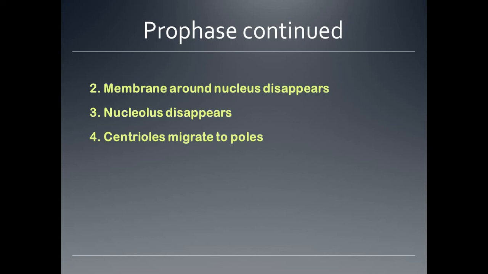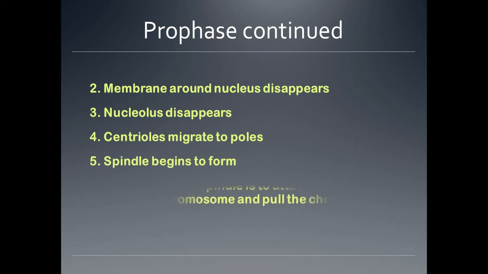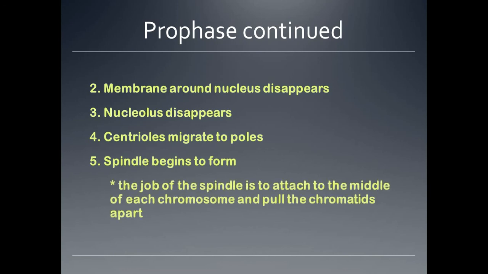Those centrioles go to either end of the cell, called the poles, and the spindle begins to form. And last but not least, the job of the spindle is to attach to the middle of each chromosome and pull the chromatids, which, if you have a chromosome, half of it is called a chromatid.